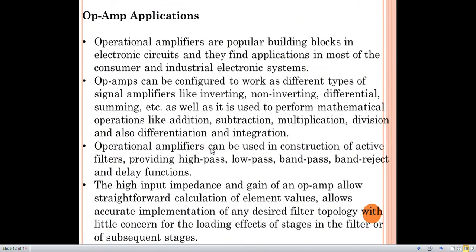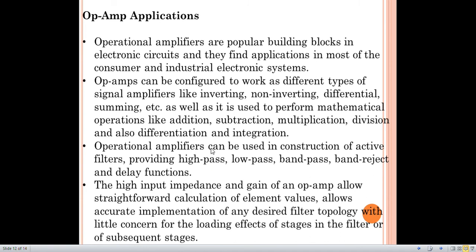So we have discussed the use of operational amplifier as inverting and non-inverting amplifier. This operational amplifier has numerous applications. Operational amplifiers are used as building blocks in many electronic circuits.